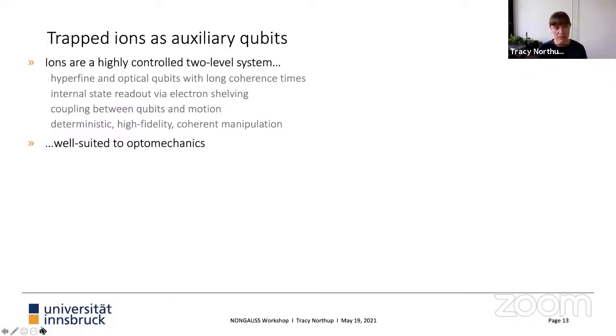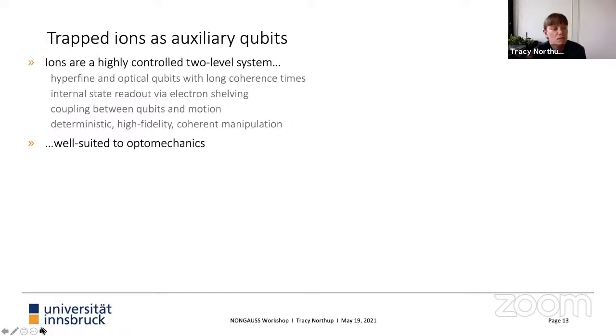Internal state readout can be done with very high precision via electron shelving. And what you heard about today is that you have this opportunity for coupling between the qubit state and the motional state. And finally, you can manipulate the states of these ions in a deterministic way with very high fidelity, coherently through laser or microwave operation.